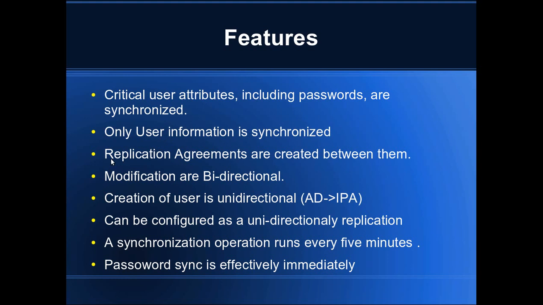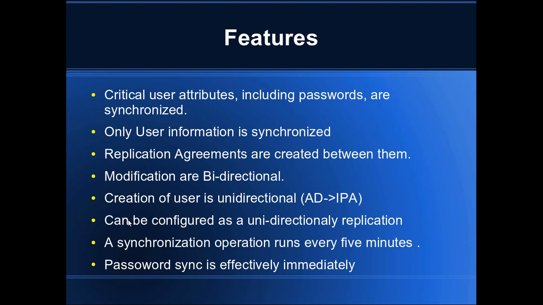So this is what is defined in the replication agreement. Modifications are bidirectional. You modify a user detail in IPA, it will propagate to Windows. If you modify the details in Active Directory, they will be modified on IPA. But the creation of a user is unidirectional, that is from Active Directory to IPA only.